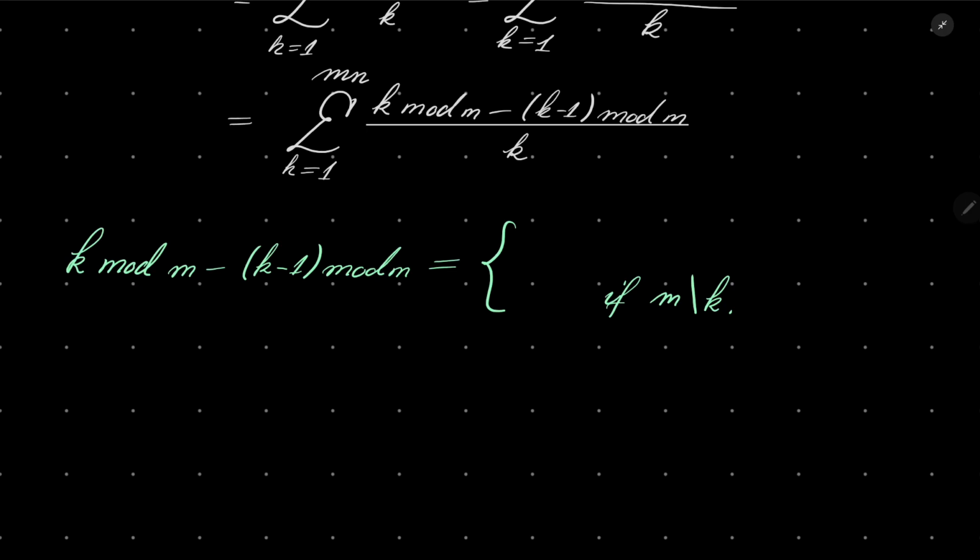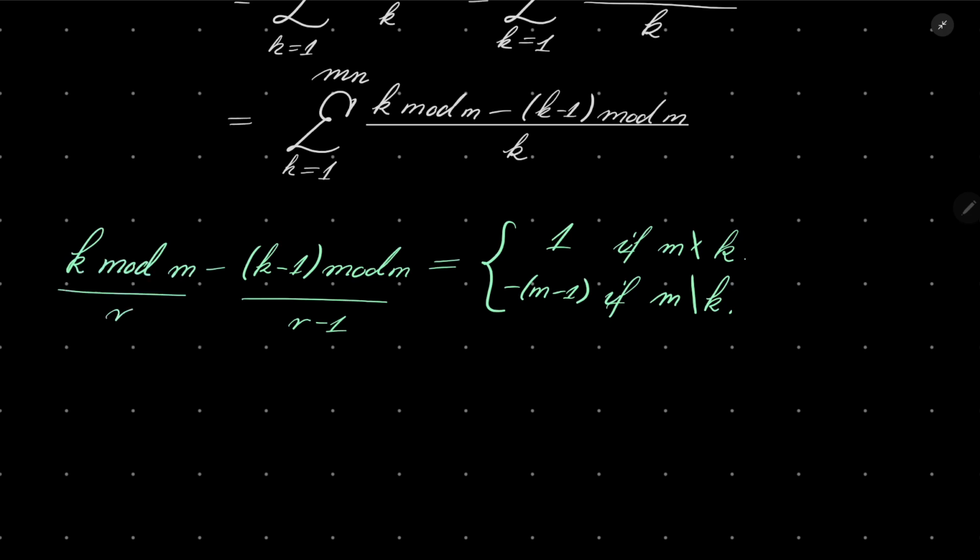So we have minus (m minus 1) in the result. But if k is not a multiple of m, then here we have something, r, and here we have r minus 1. So r minus (r minus 1) is just 1. So our difference is one of these two things.